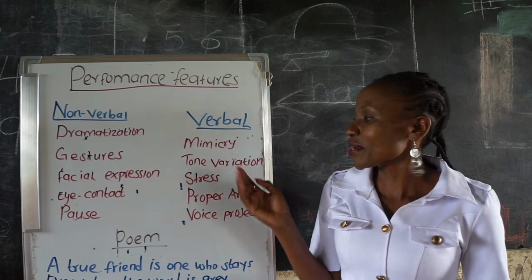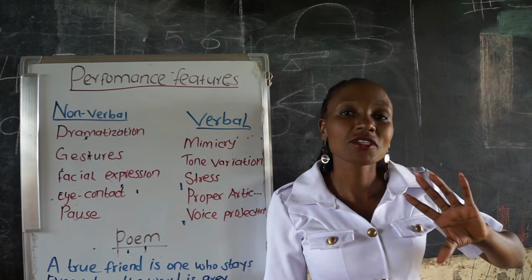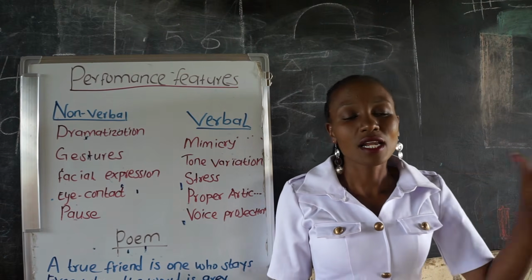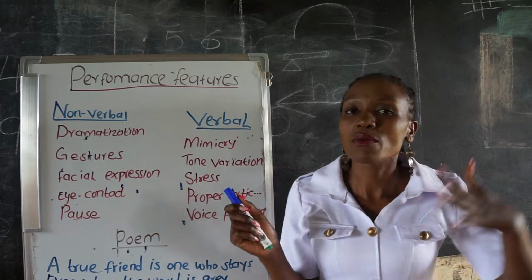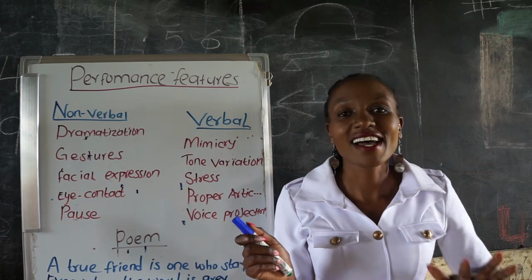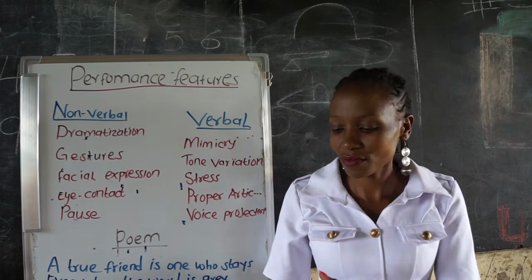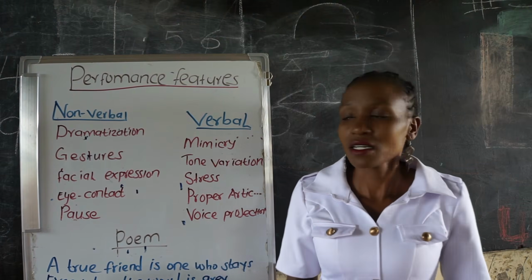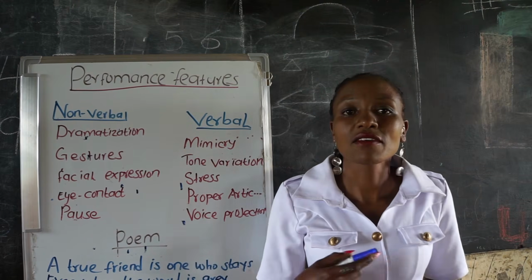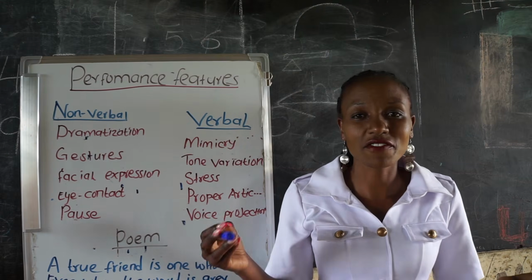Number two, we have the tone variation. You can use high tone, low tone, the same as intonation, rising tone or a falling tone. For example, at the end of a poem, the very last line, we normally use the falling intonation to show finality or to create emphasis.